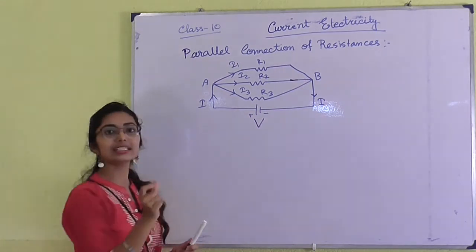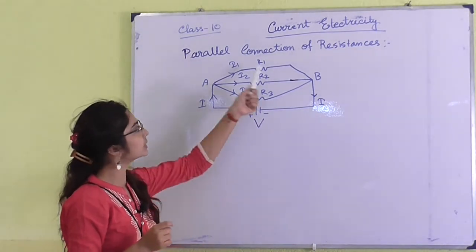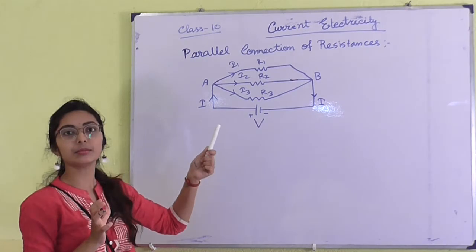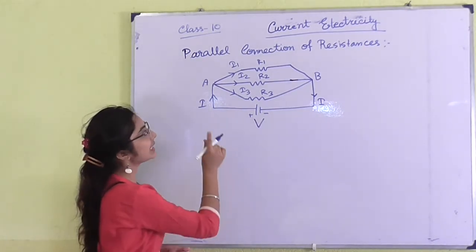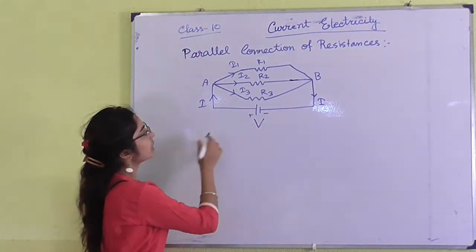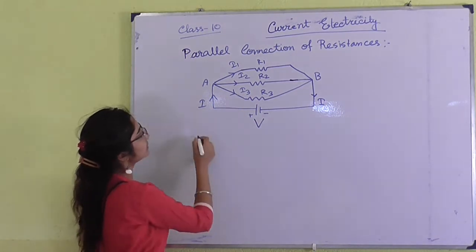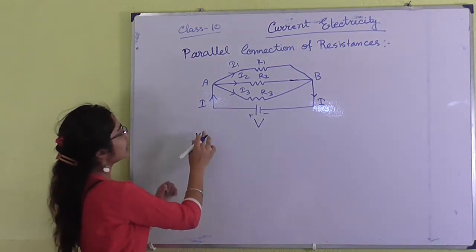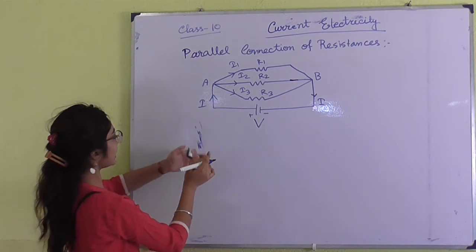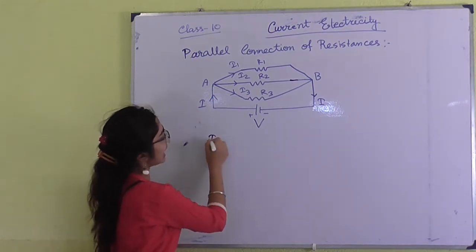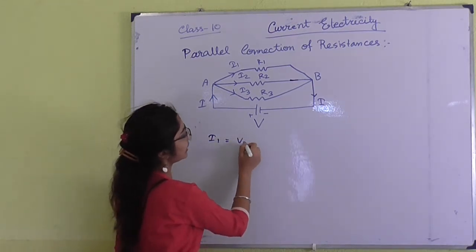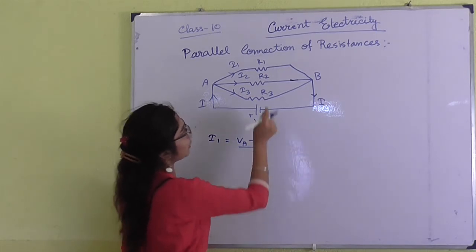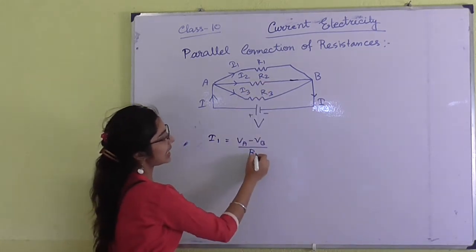So, the voltage drop is different between these points, and the amount of current will be different. In R1, the current I1 is equal to VA minus VB, the potential difference, divided by R1.